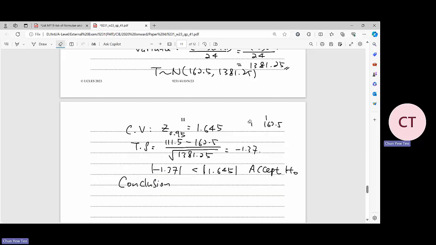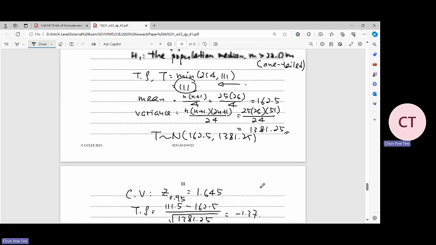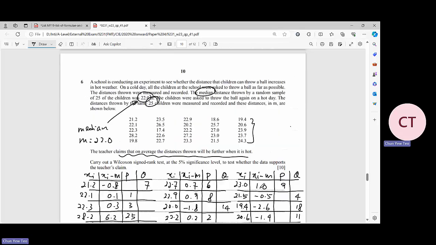So the conclusion is there is insufficient evidence to support the teacher's claim. Okay, done. That will be the answer for question number 6.